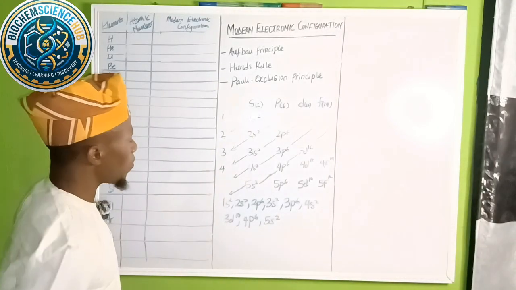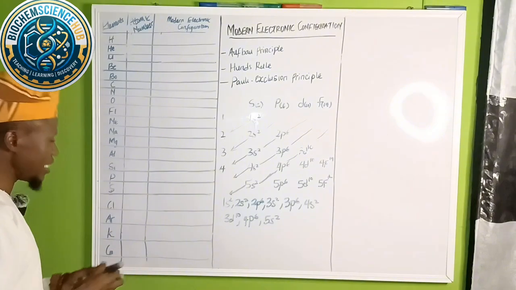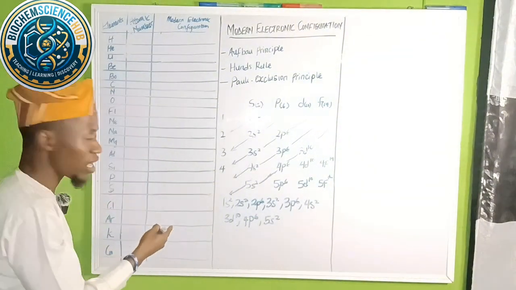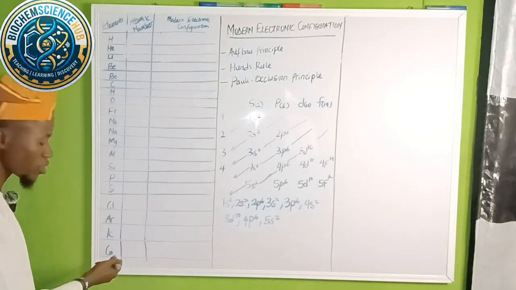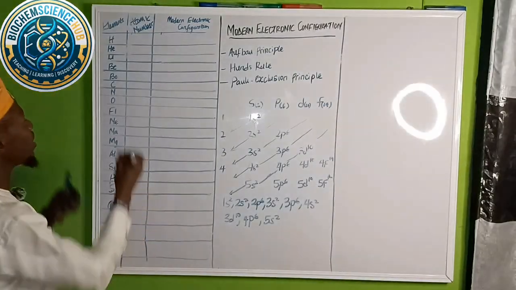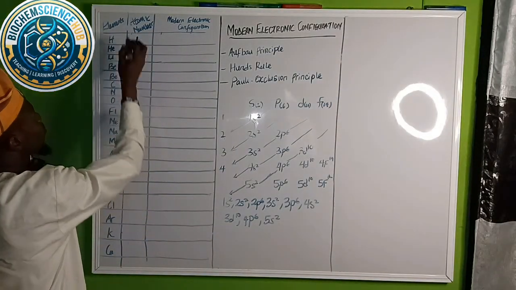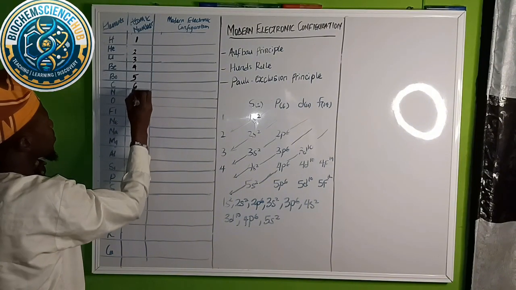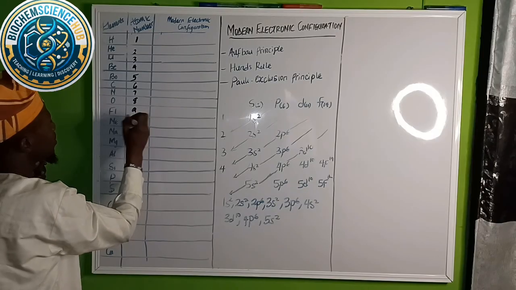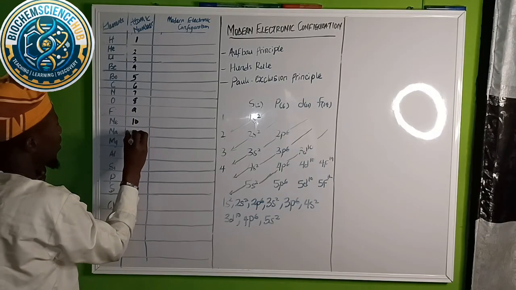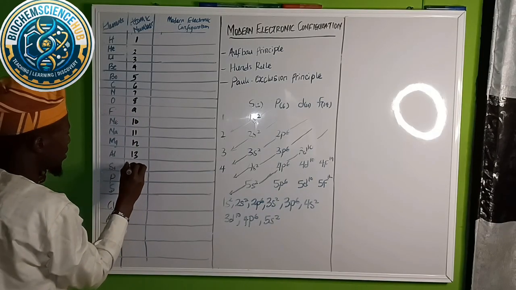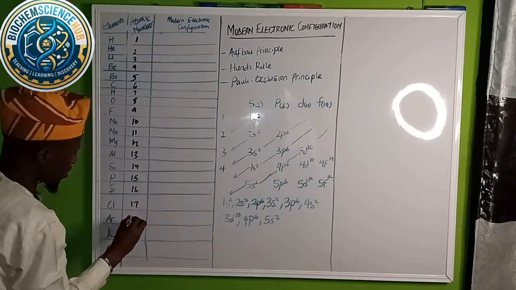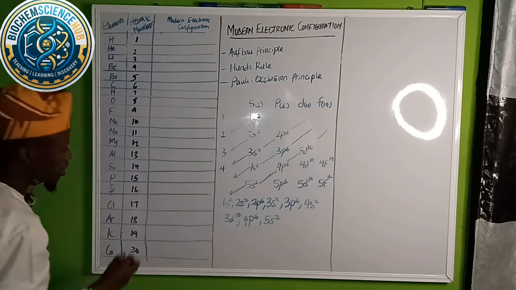So like that. But let's now fit in all these things using the first 20 elements that we have here. That is our hydrogen to what? Calcium. So let's fit in them. As we know, your atomic number for hydrogen is 1, 2, respectively, like that, 3, 4, 5, 6, 7, 8, 9, 10, 11, 12, 13, 14, 15, 16, 17, 18, 19, 20.